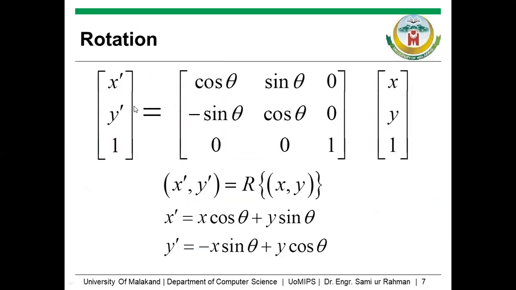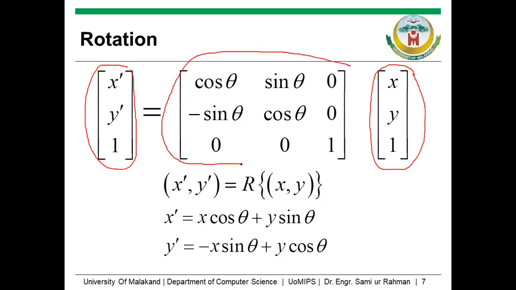Now in matrix form, we can represent these values with these matrices. This is the new location of the pixel, this is the original location, and this matrix we can call the rotation matrix.